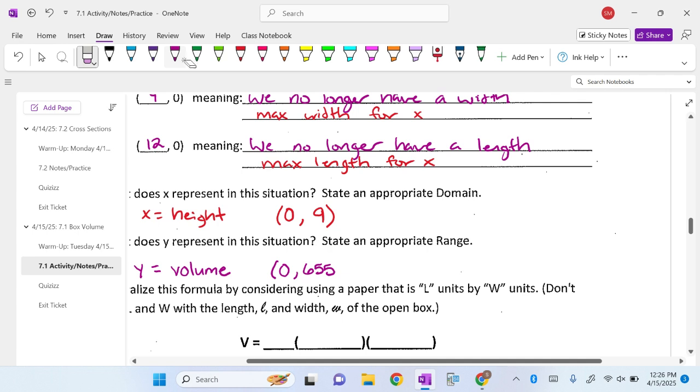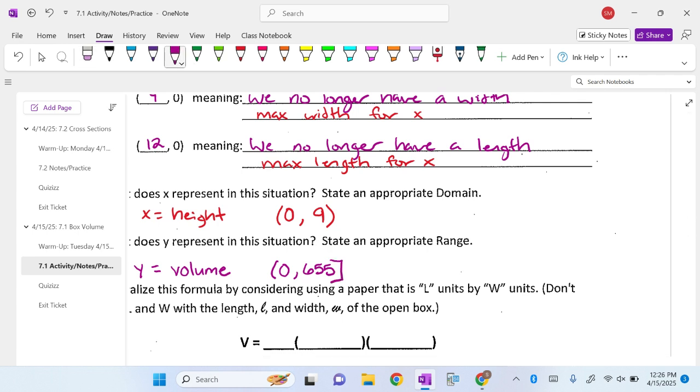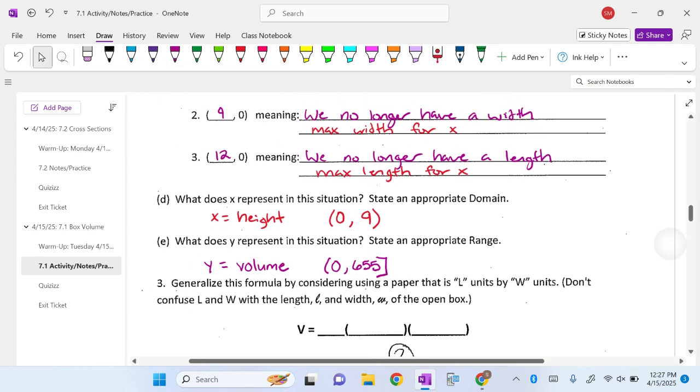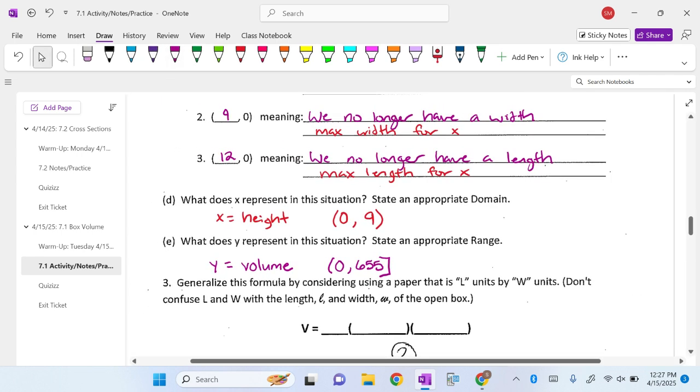And we're going to put a bracket on this because it caps there. It does not go past 655. That's the max volume you can get. You can get anywhere between 0 and 655 depending on your dimensions, but you cannot go past 655. Does anyone kind of get how I got the domain and range appropriate for the situation?